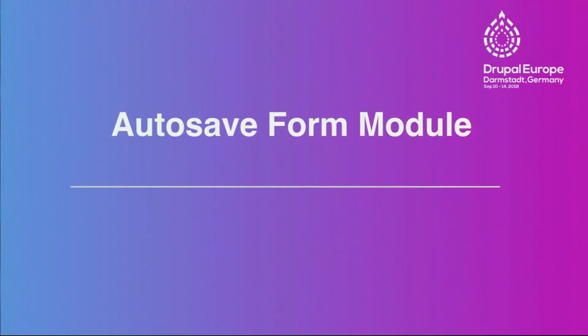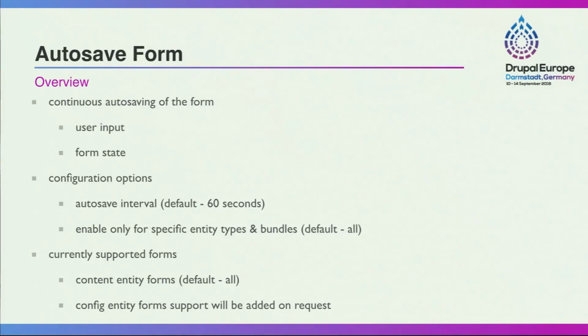So I will start with the Autosave Form module. As the name suggests, it's basically a module which provides continuous autosaving of a form. Especially we are talking about entity forms in our case. What we need to save is always the user input, but not only.